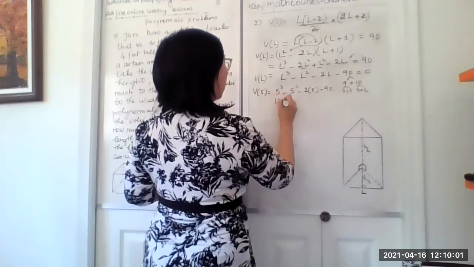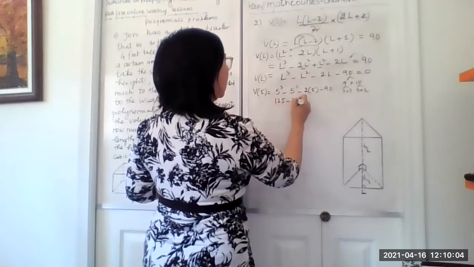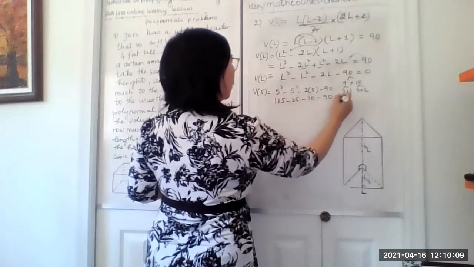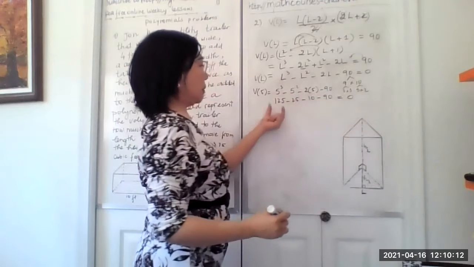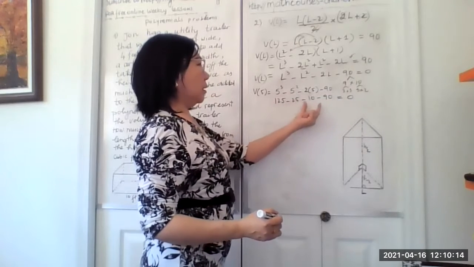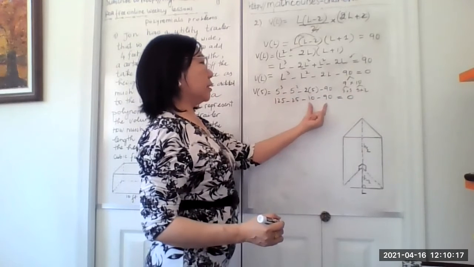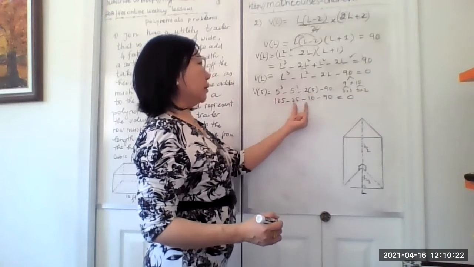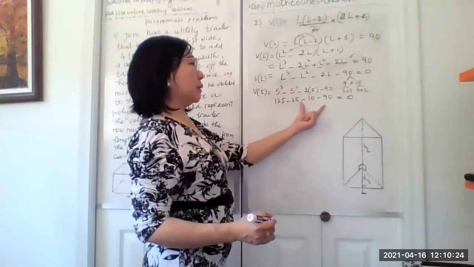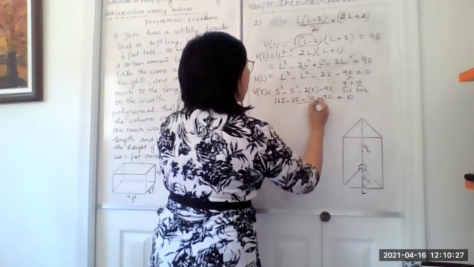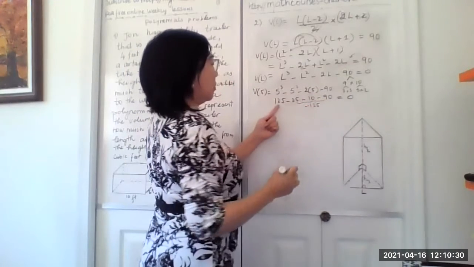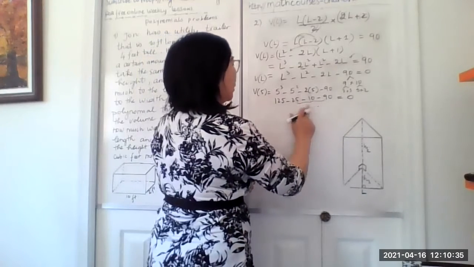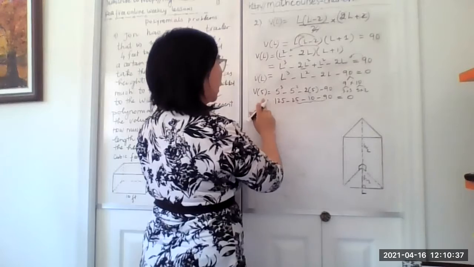So that will give me 125 minus 25 minus 10 minus 90. So yes, it gives me a 0, right? Because 90 and 10 is a total negative of 100. 100 add another negative 25 is 125. So this is minus 125. You have a positive 125 minus 125 equals 0. So now I know this L equal 5 works.